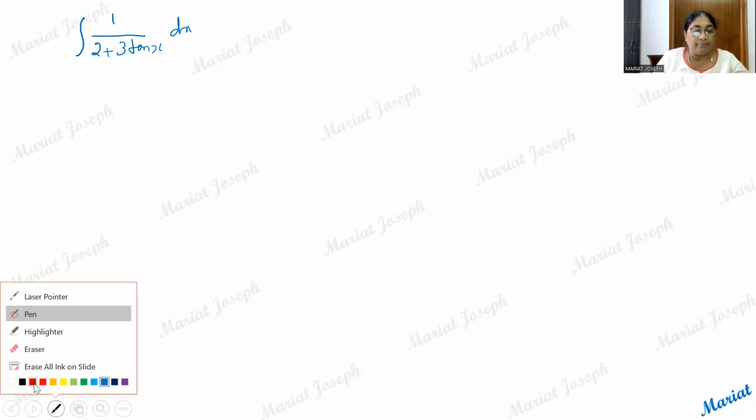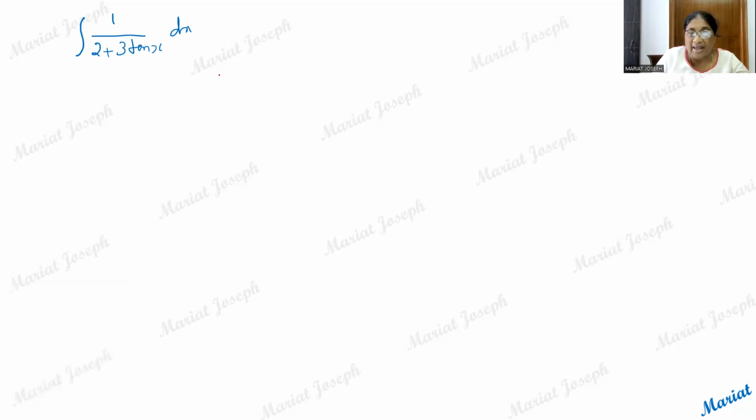Look at this question, children. Integral 1 upon 2 plus 3 tan x. Write this question. If this question comes as it is in the paper, you will wish to have a substitution tan x, but that will not work.